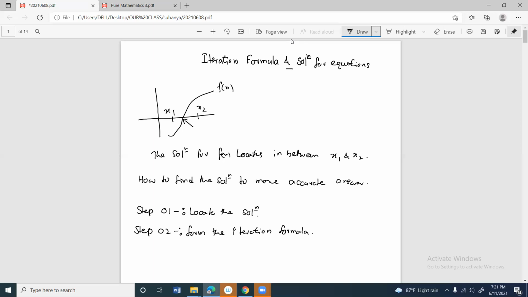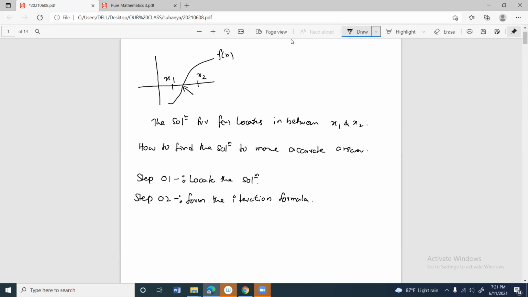Actually, this iteration formula is a recurring formula. Recurring means you can start with one value and proceed, using the previous step's answer. When you do a question, you will understand what this means.